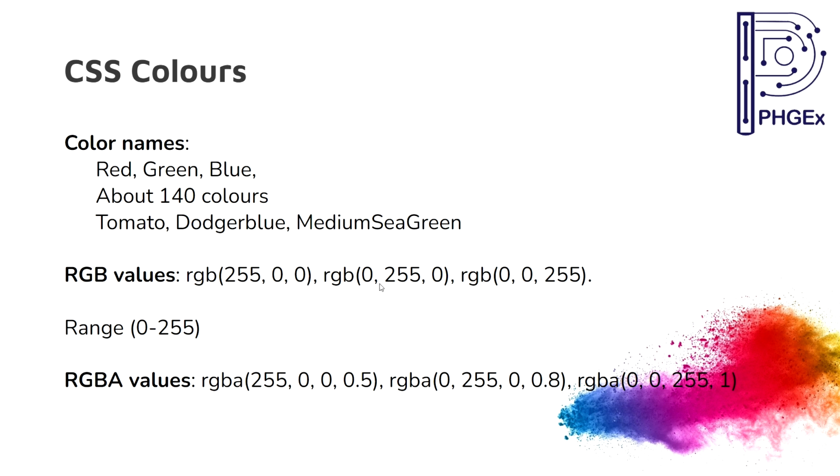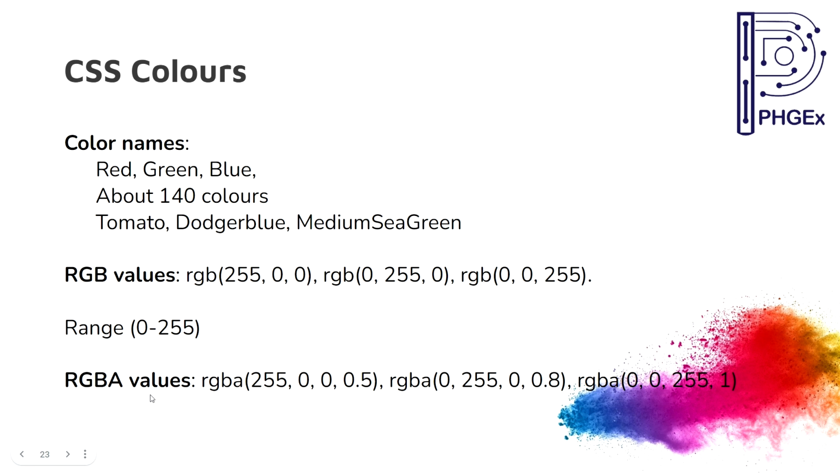The next one, 0, 255, 0, is going to be green, because we have none of red, full green, and none of blue. And the last one is 0, 0, 255, which is going to be blue, because 0 red, 0 green, and 255 of blue.